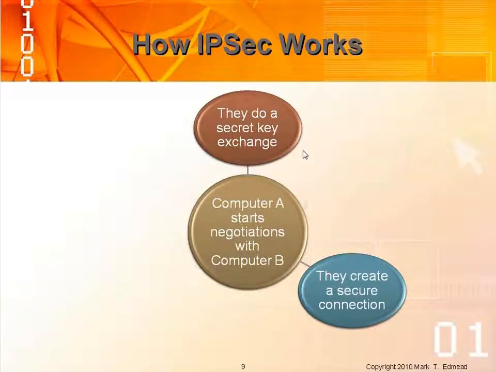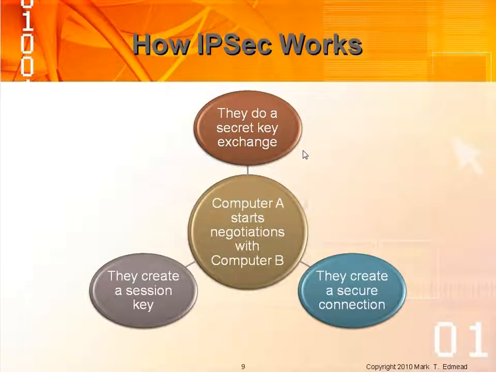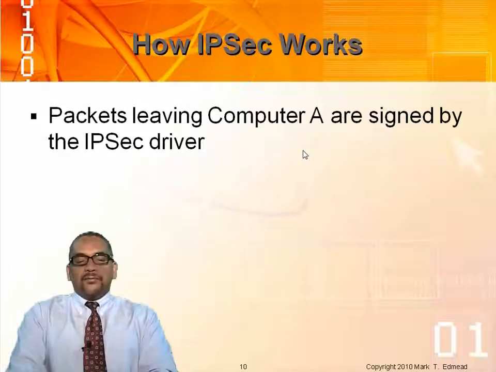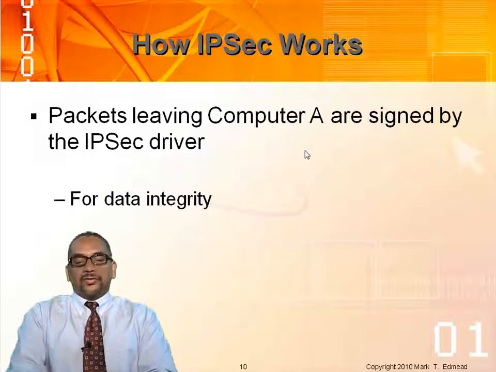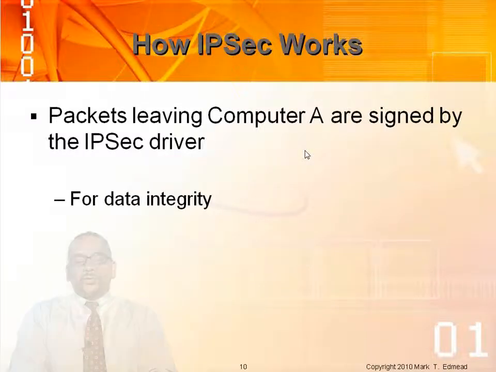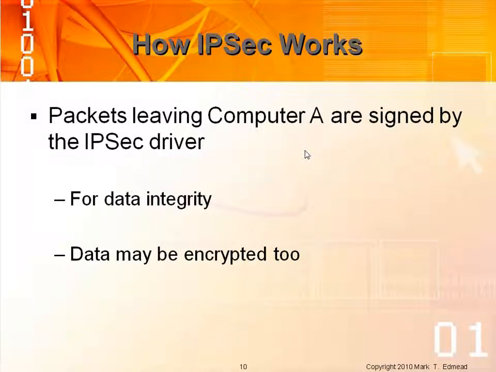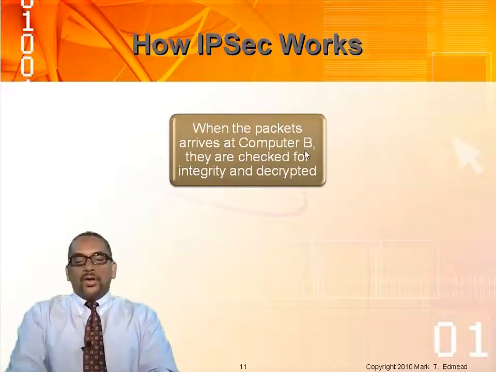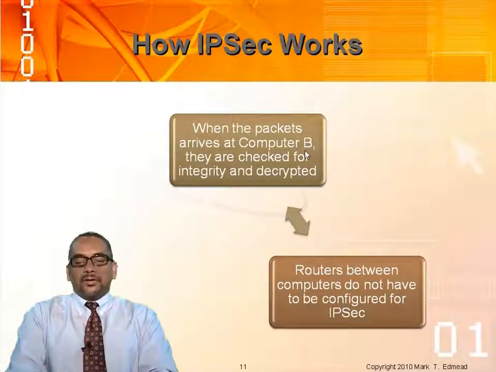They create a secure connection, they create a session key, and then packets leaving computer A are signed by the IPSec driver. We do this because we want to deal with data integrity, and also that data may be encrypted as well. When the packets arrive at computer B, they are checked for integrity, and then they are decrypted.